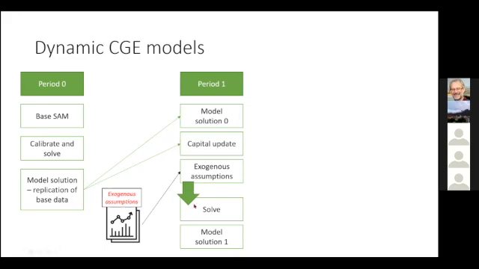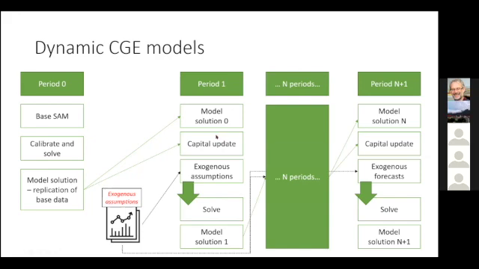And then using this information, the CG model is solved to get the solution for period 1. And in this way, the CG model basically runs over time for however many time periods you determine until you get to your final time period.